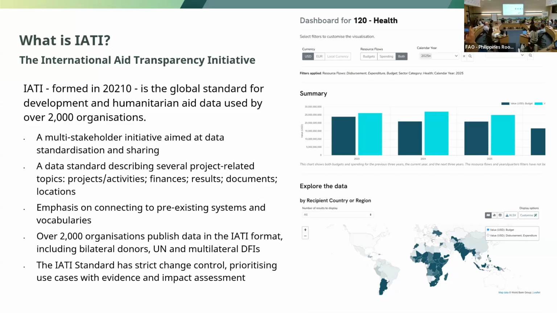And that's why we decided we want to attach ourselves to the International Aid Transparency Initiative, which was formed in 2010 and which is really the global standard for all development and humanitarian aid data used, and is currently used by over 2,000 organizations worldwide.